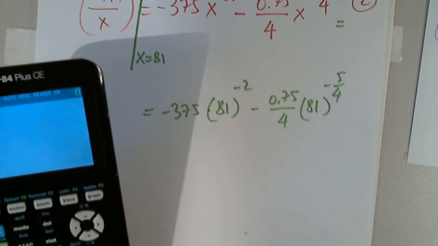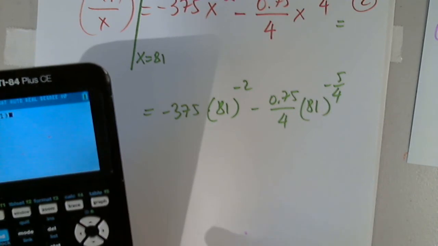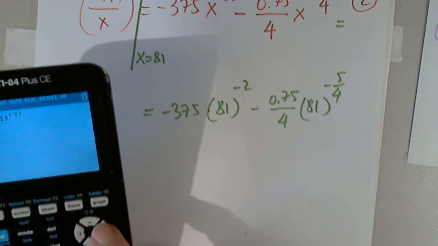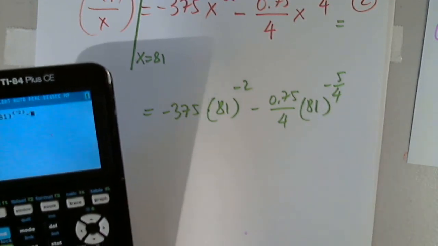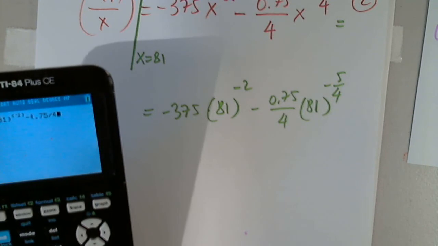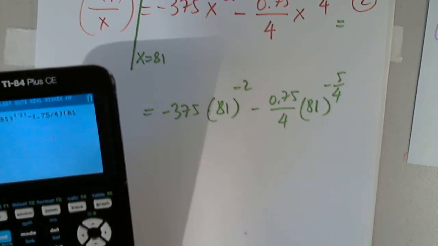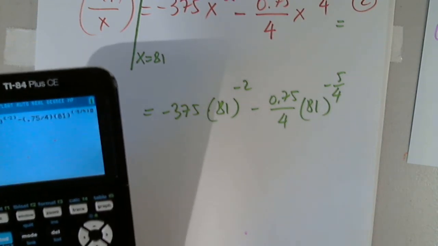So negative 375 in parentheses 81 close, caret in parentheses negative 2, minus in parentheses 0.75 divided by 4 close the parenthesis, open another one with 81, close it, caret in parentheses negative 5 divided by 4 and press enter.